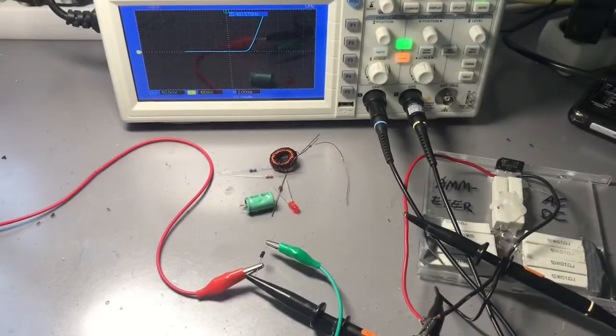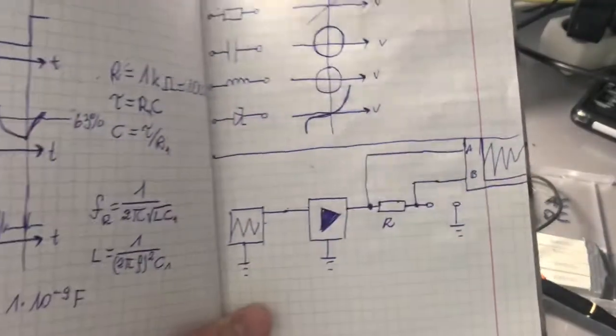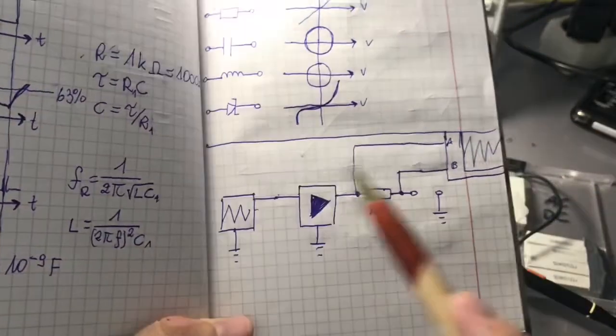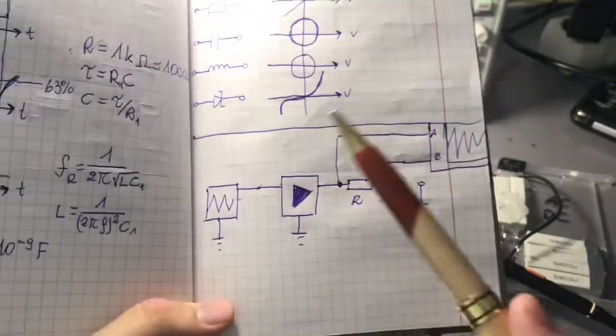Okay, so after connecting everything up in a very simple schematic, which is just a resistor to measure current, here I can show you this. The resistor is on the other side, on the ground side, but it doesn't change much.